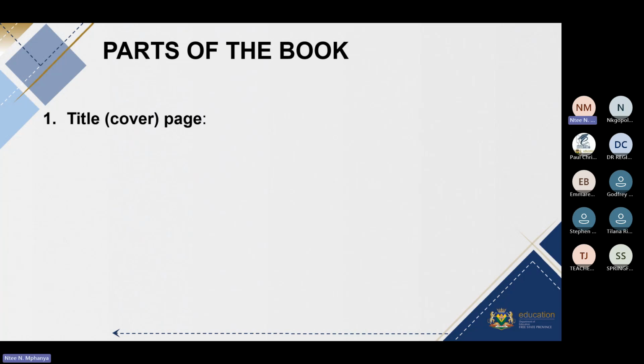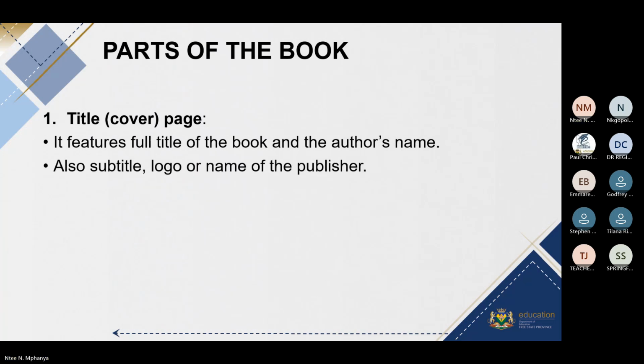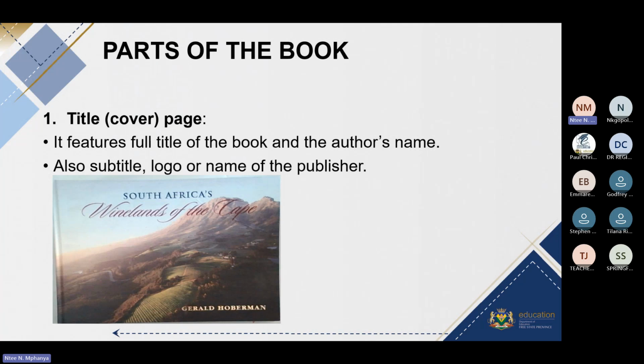The first part of the book is the title or the cover page. It features the full title of the book and the author's name. It also features subtitles, logos, or names of publishers. And this is an example of a title or cover page of a book.